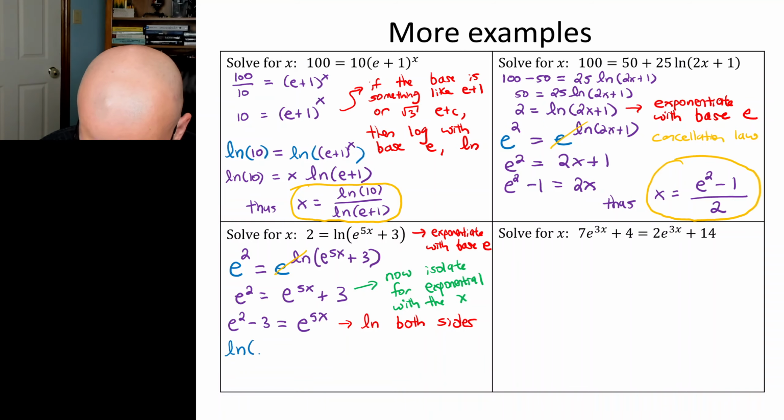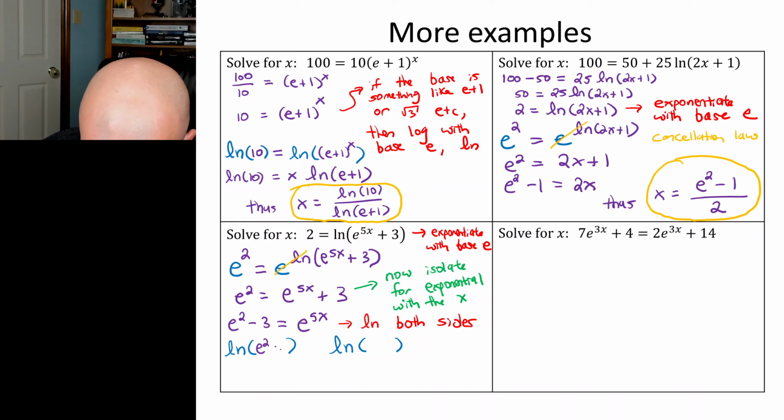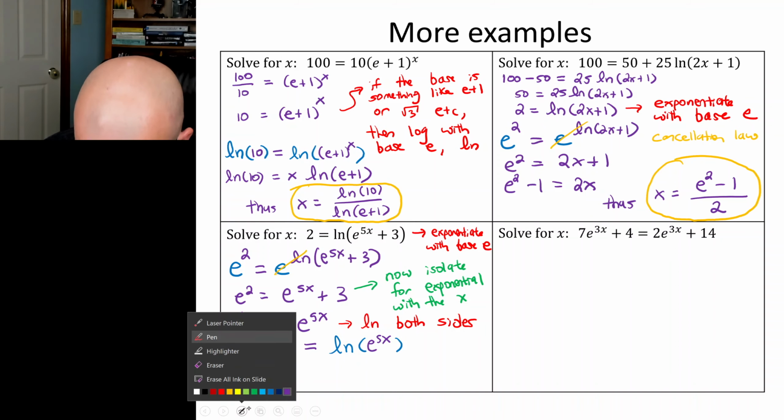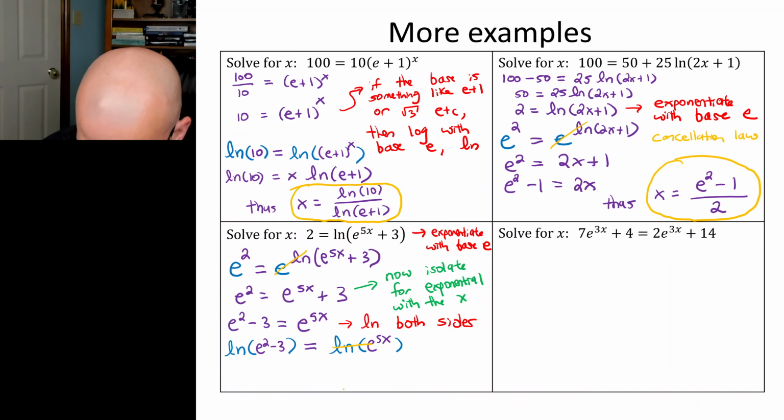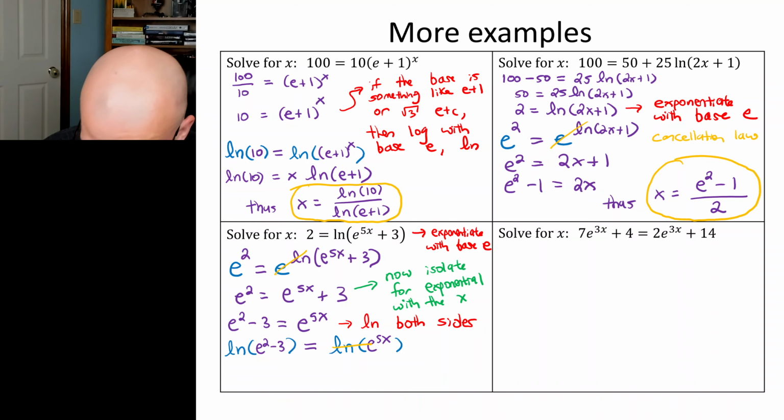So ln of the left side equals ln of the right side. So the ln of e squared minus 3 is equal to the ln of e to the power of 5x. I can cancel the ln and e on the right side, but I can't do it on the left side because of that minus 3. It's causing trouble again, but that's okay.